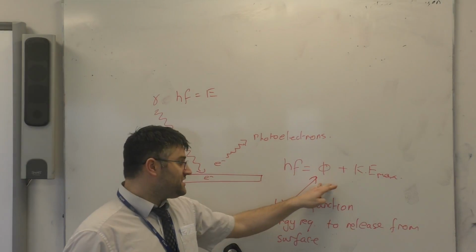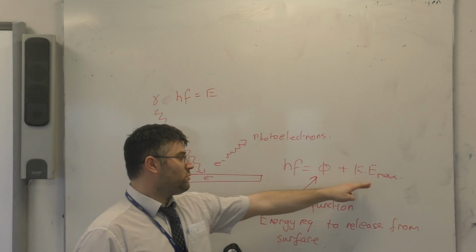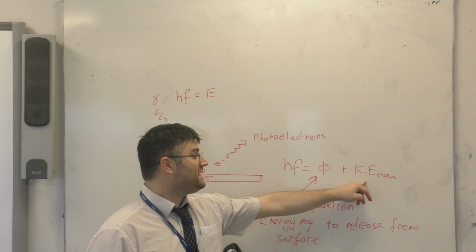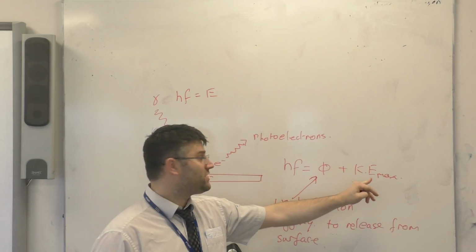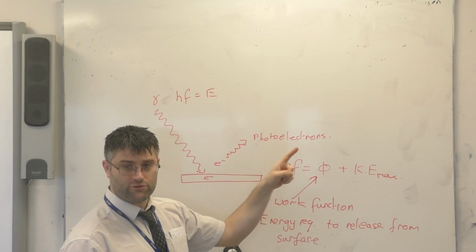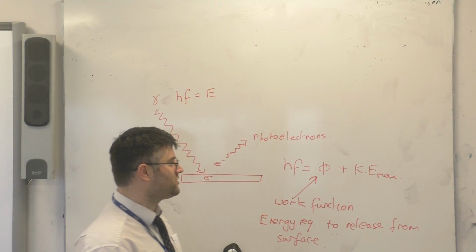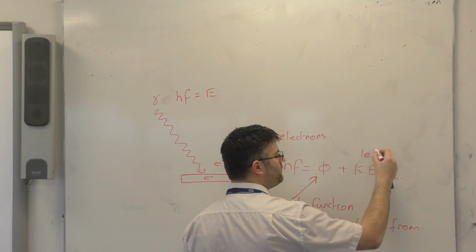This is a fixed amount for this material, so whatever's left over is the kinetic energy that is going to allow this photoelectron to fly off in that direction. So this is left over.